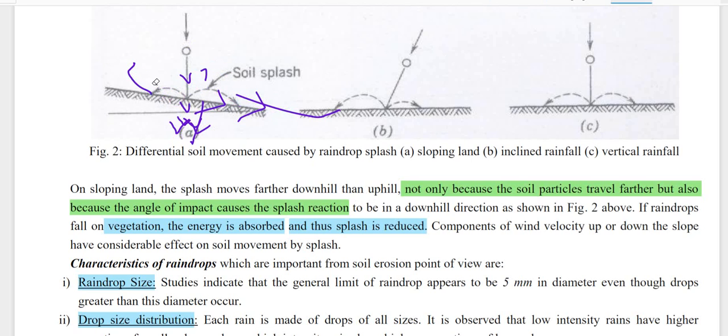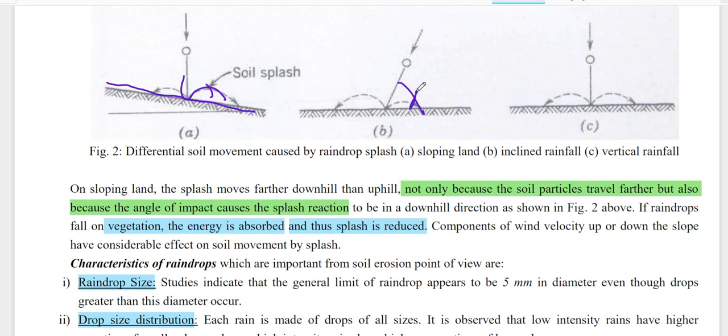You can see here, in uphill it has gone very little, and it is quite obvious that it will come downhill. But it is not only because the soil particles travel further; the angle of impact also causes the splash reaction to move in a downhill direction. It means that it is not only due to slope, but also due to the angle of impact.